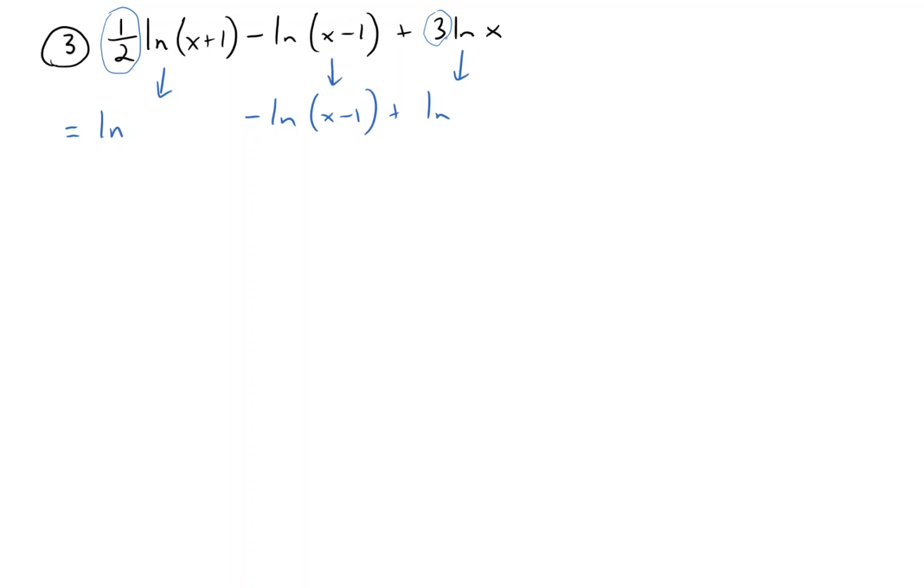Then the exponent, sorry I gave you a hint there, when you've dealt with the coefficient here, you're going to have x plus 1 raised to a power. This power means something in particular, so you need to rewrite that as something else besides a power. So you have natural log of something minus natural log plus natural log, okay?